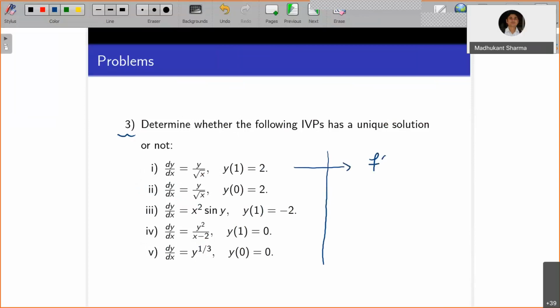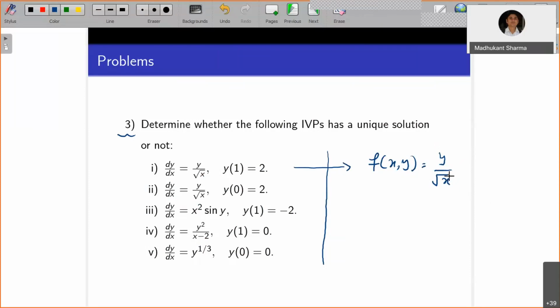Certainly f of x comma y is y by square root of x. You can tell about the continuity of this by looking at rational functions. The numerator is continuous, the denominator is continuous, so the rational function is continuous everywhere except at the points where the denominator vanishes.